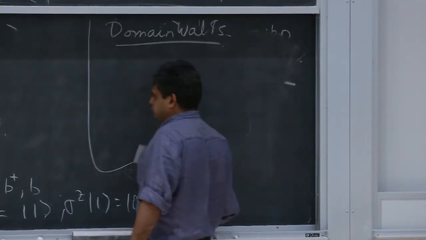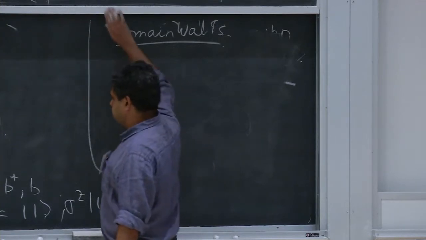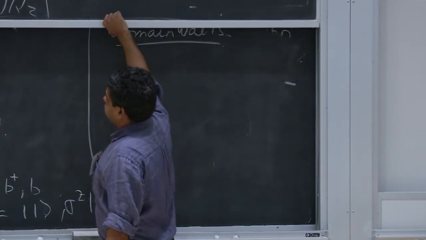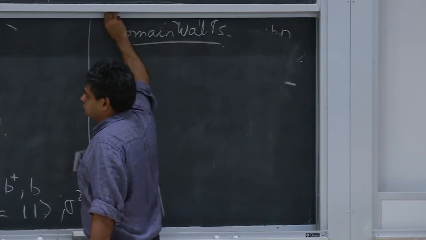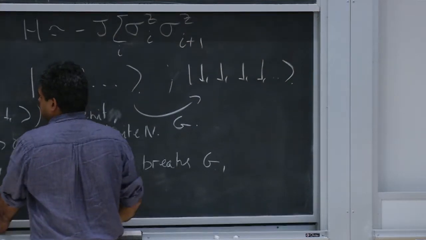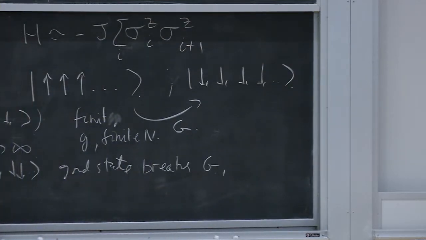Okay, so what is the operator that measures whether or not we have a domain wall? That's the first question.